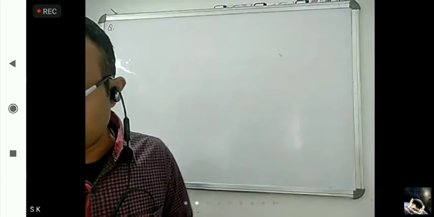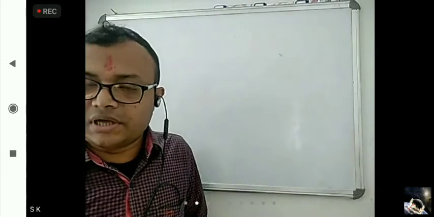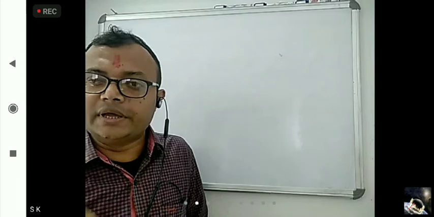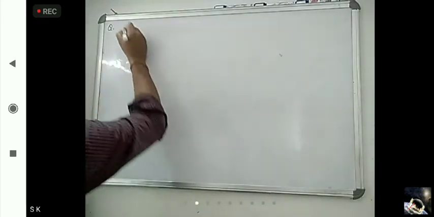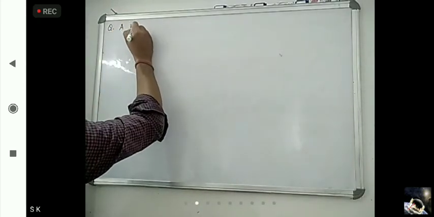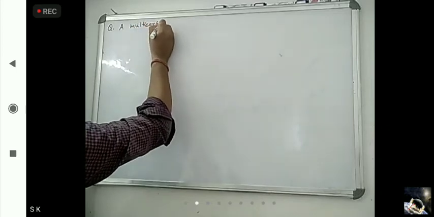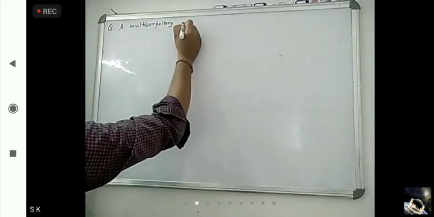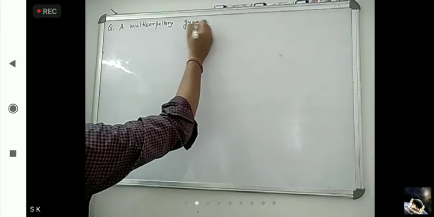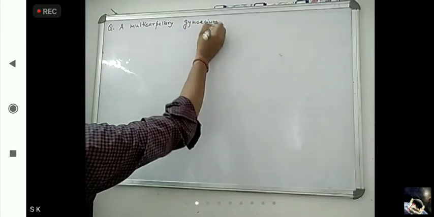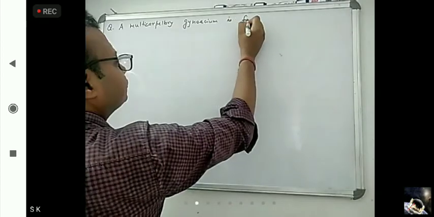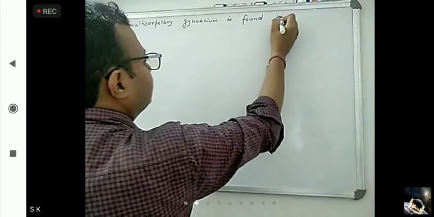Now there are some questions that I have framed. Number one: a multicarpellary apocarpous gynoecium is found in.